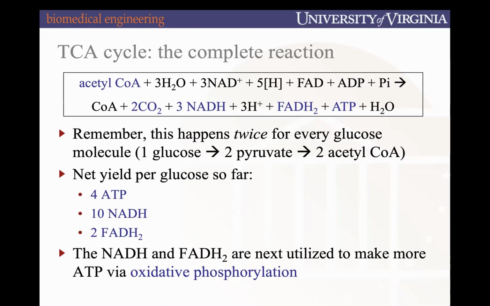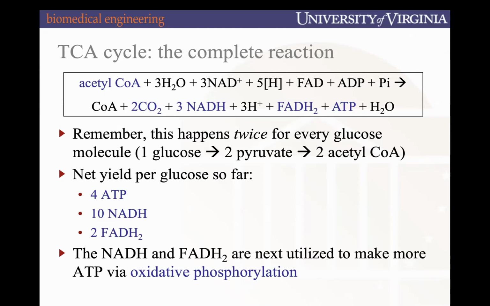We're going to end up getting 6 NADHs, but if we include the preparatory step, that's going to become 8 NADHs, because we get 1 NADH every time pyruvate becomes acetyl-CoA, and we get 2 pyruvates from glucose. So that overall reducing equivalent number is going to be 8 NADHs and 2 FADH2s, as well as 2 ATPs.